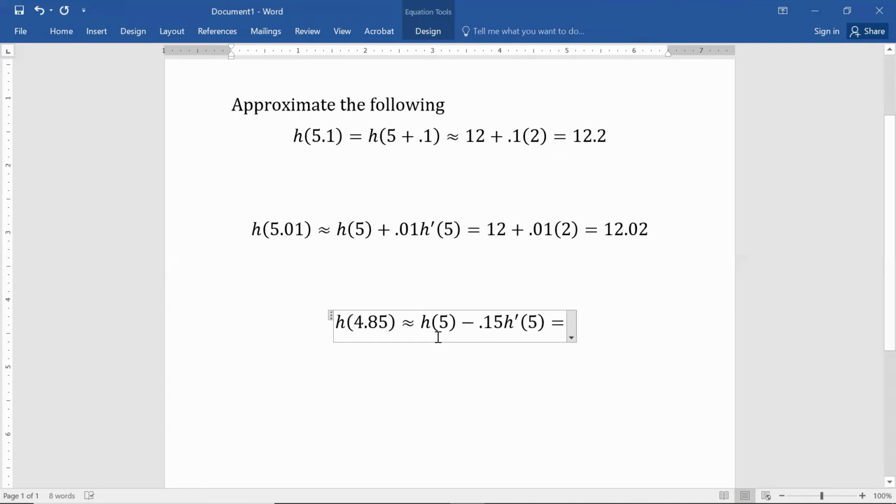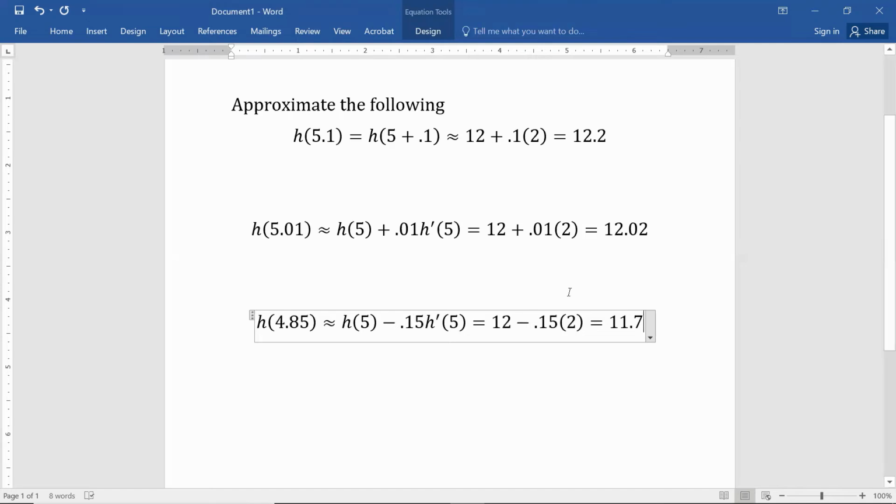So 0.15 times the slope of that line. And so it's 12 minus 0.15 times 2. Once I typed that in my calculator, I got 11.7.